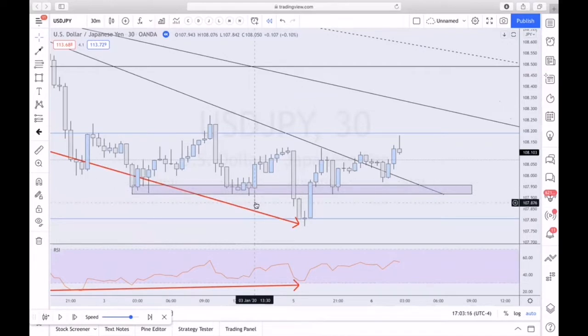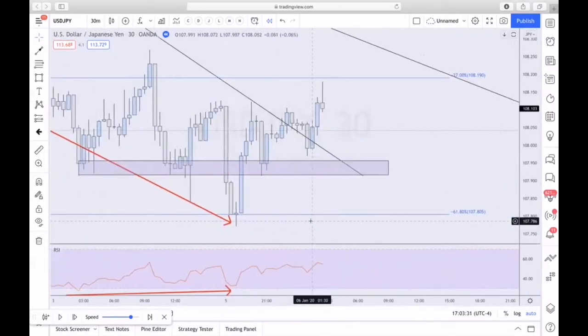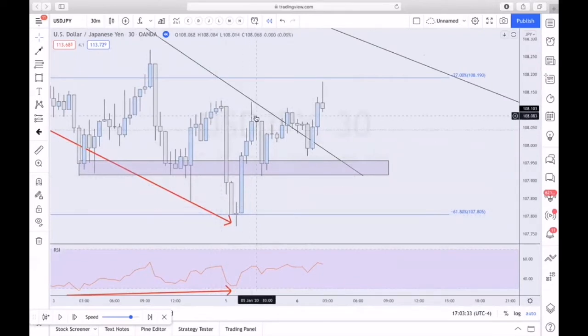The buyers took over right here, which gave us seller's exhaustion, kind of indicating that a buy is coming soon, all right? Then we had our actual test of our negative 61.8, and price came right back up and closed at this level, all right?